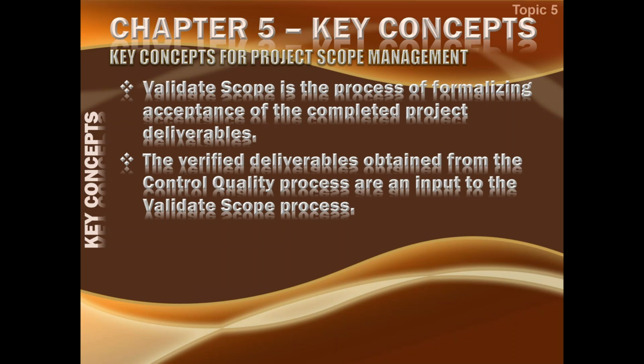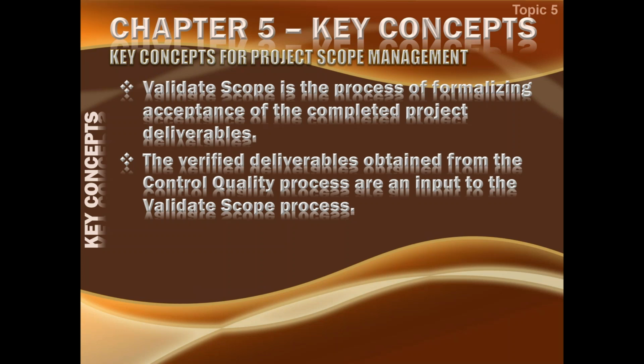The verified deliverable, what is a verified deliverable? A verified deliverable is when a product has passed the inspection of quality control. That means it has been found to be correct. The correctness is checked through this inspection of quality control.